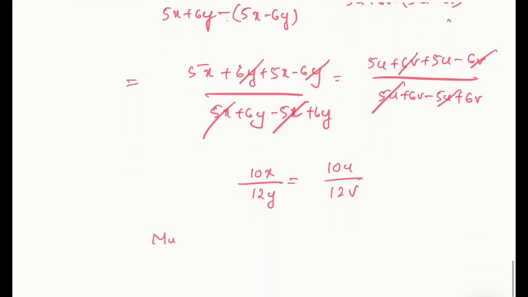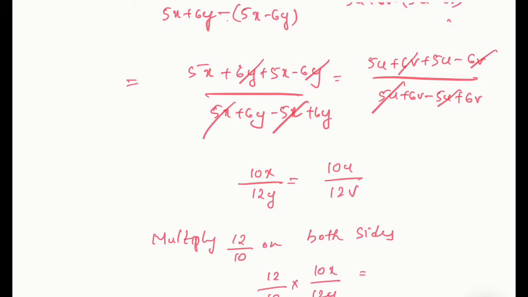Now we need it in the form x is to y equal to u is to v. So multiply 12 by 10 on both sides. We get 12/10 into 10x/12y equal to 12/10 into 10u/12v.